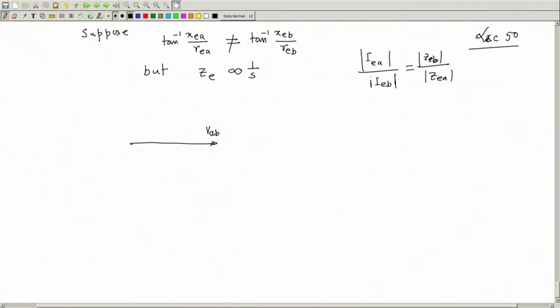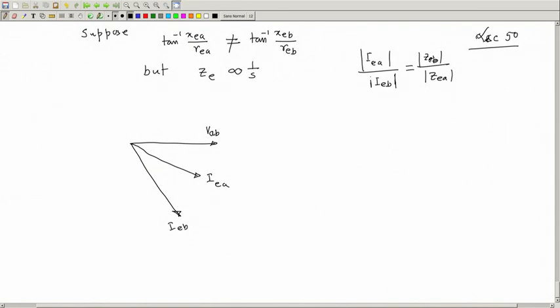So, you draw IEA, sorry, you draw IEB. These lengths are decided by these ratios for a given load current.